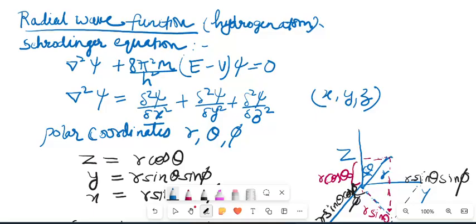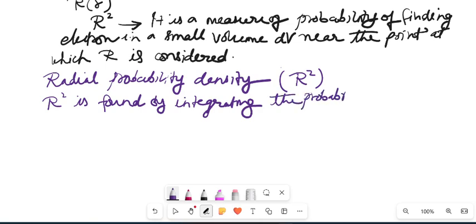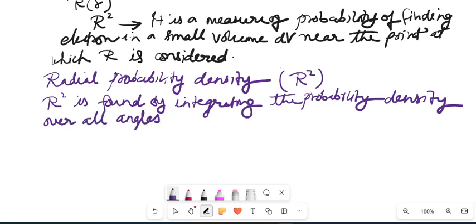It is obtained by integrating the probability density over all angles, resulting in 4 pi r square, capital R square.